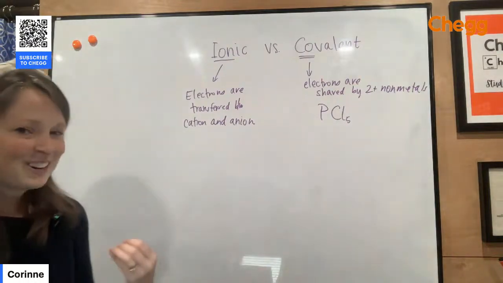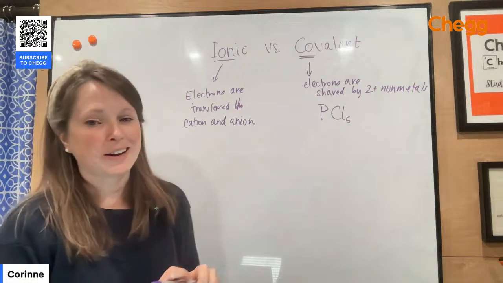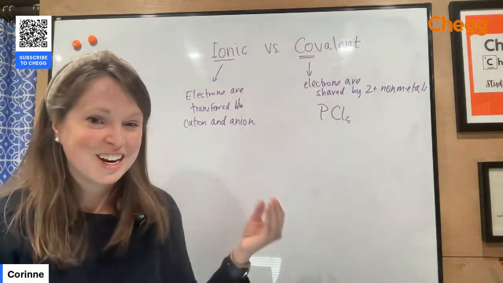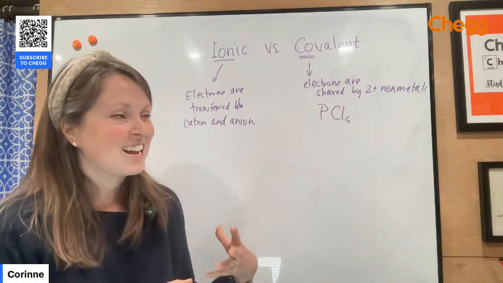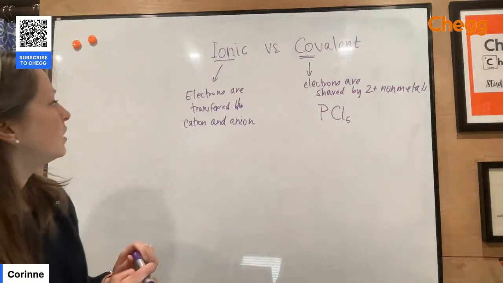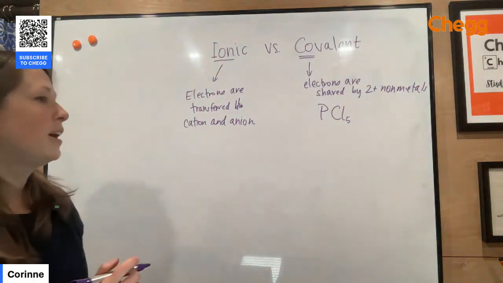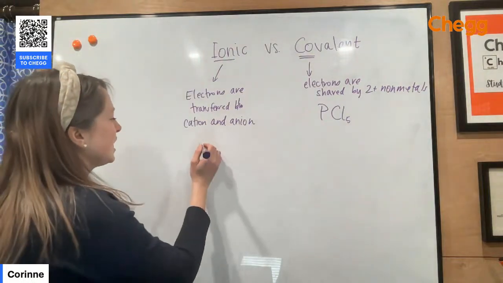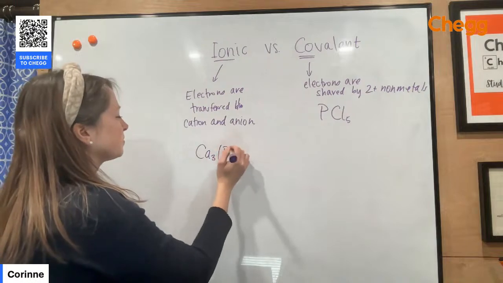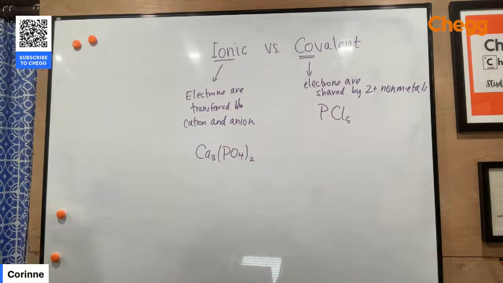For the most part that is true, but know that there are some exceptions. You can have a polyatomic ion called ammonium, which is just nitrogen and 4 atoms of hydrogen. It's not a metal, but it still is classified as an ionic compound. So let's say I had calcium phosphate. This would be an example of an ionic compound. So that's the difference between those.